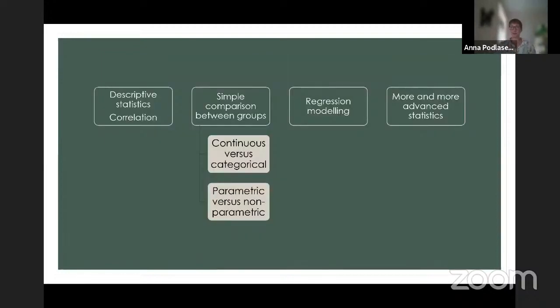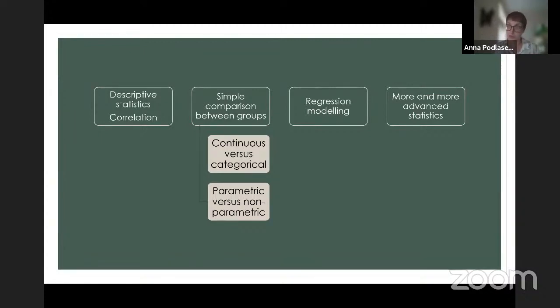And then when we have our data set, when we know what we have and we can define our variables, we can start with our statistics, which is a little bit like building the house. So we will start with descriptive statistics. For continuous data, it will be mean, standard deviation, median, interquartile range. And then we also need to know how they behave.